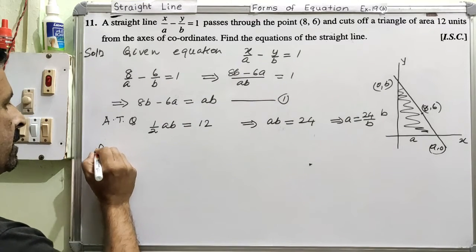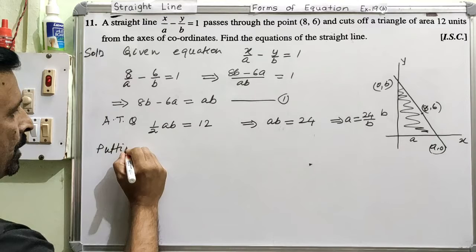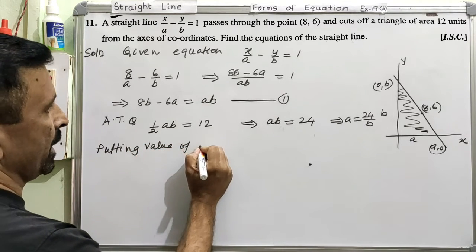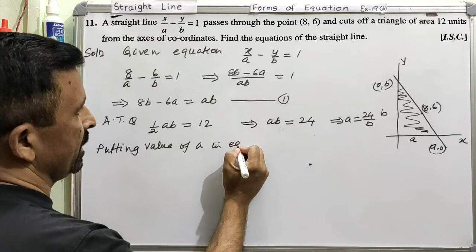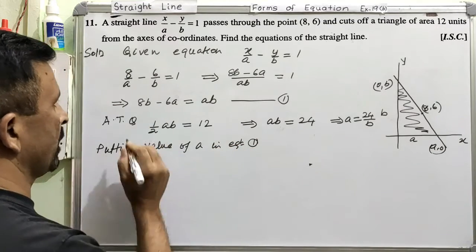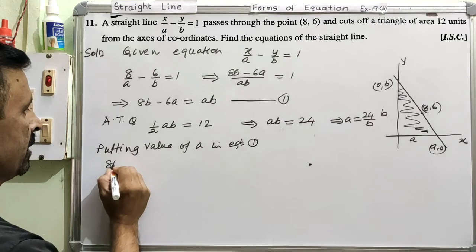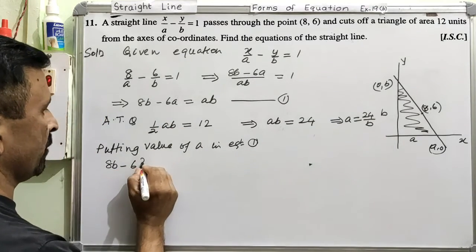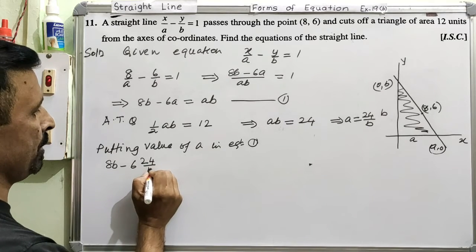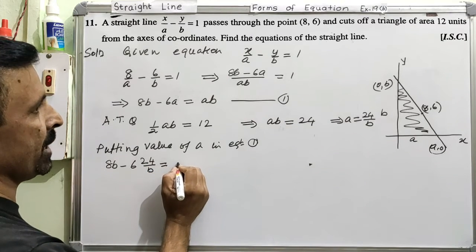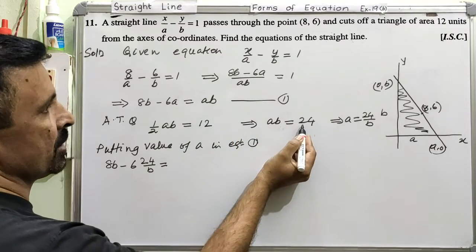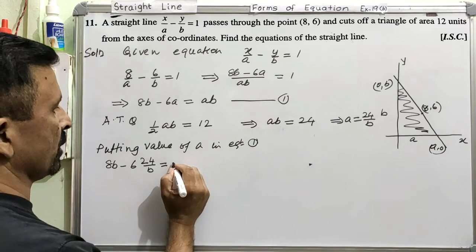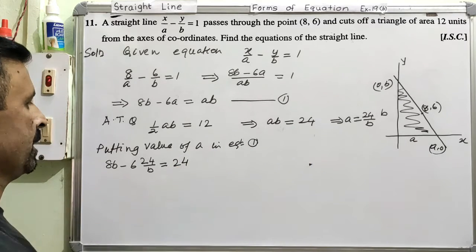So putting the value of a in equation 1, what do we get? 8b minus 6 into a, and a is 24 over b, is equal to ab, and ab is 24. So this value also can be replaced with the given value 24. So 24. Is this all right?